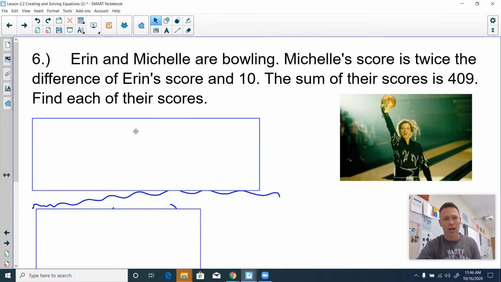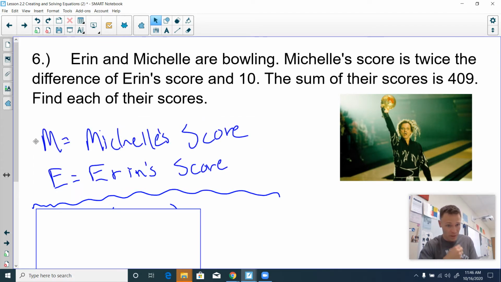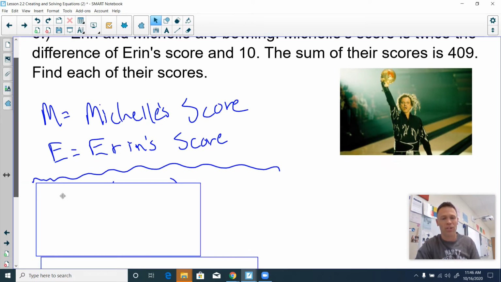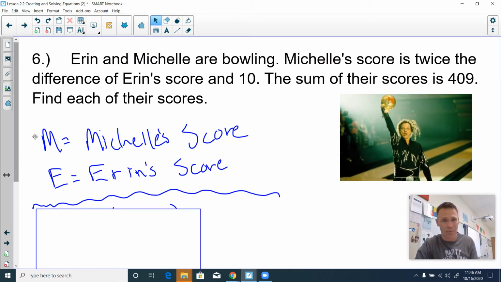Here, I'm just going to break it down. We're going to define some variables. Whenever we're doing an algebraic real world problem, we have to know what we're talking about. So I've defined my variables. M is going to be what Michelle's score is, and E is going to represent Aaron's score. So we got M and E. Aaron and Michelle are bowling.